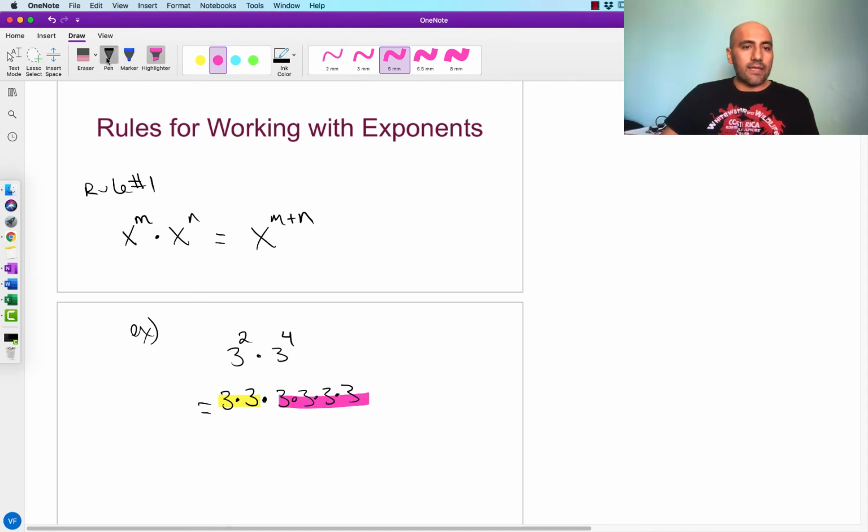But at the end of the day, no matter where they came from, we're looking at 6 of them being multiplied. So this equals 3 to the power of 6.